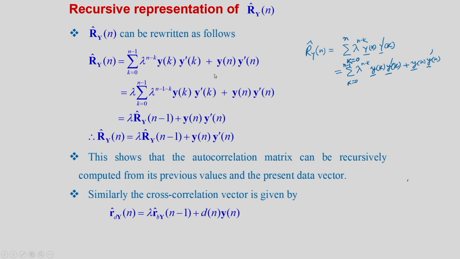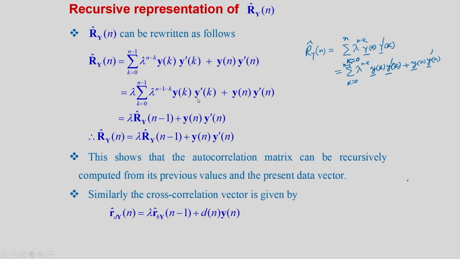Therefore, this term we can write as lambda into summation lambda to the power n minus 1 minus k, y k vector into y k transpose, k going from 0 to n minus 1, plus y n into y n transpose.